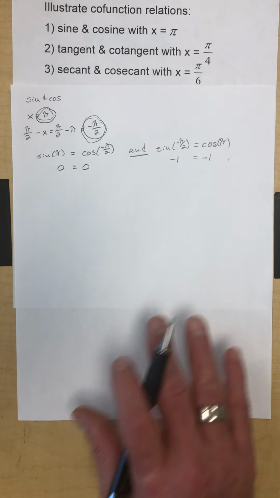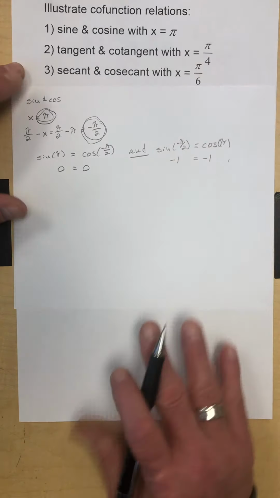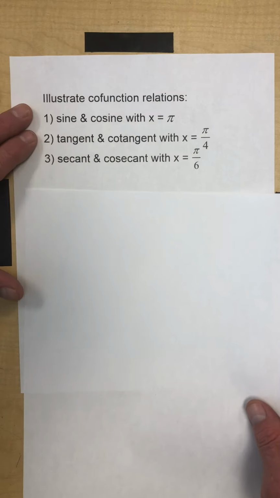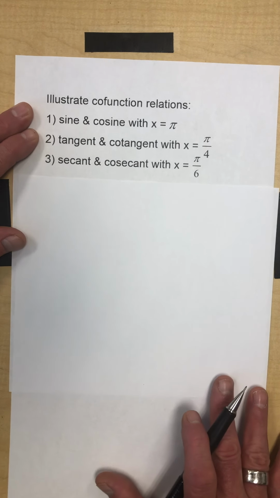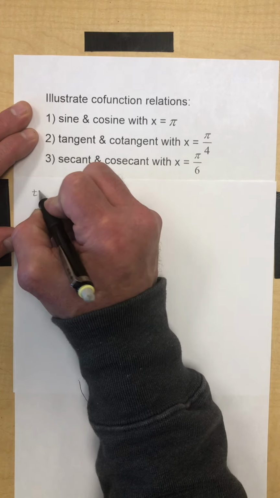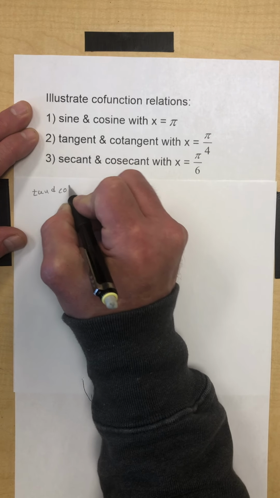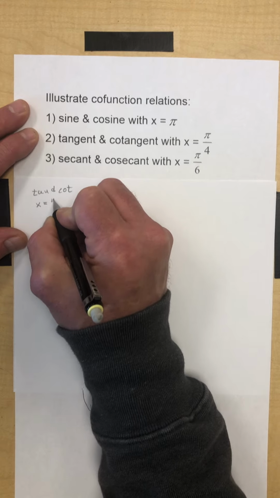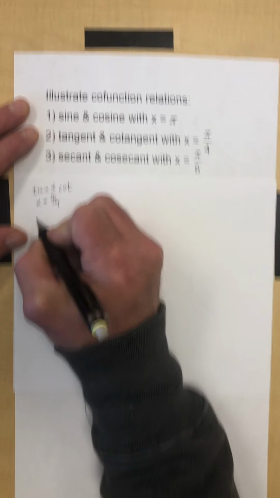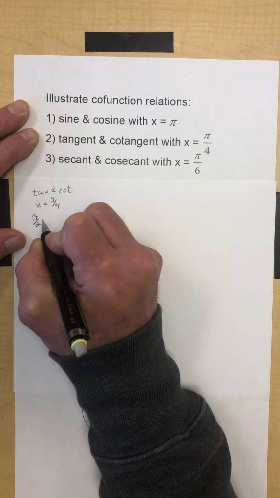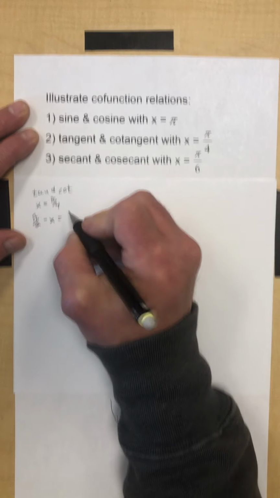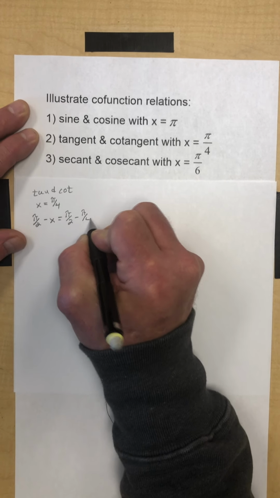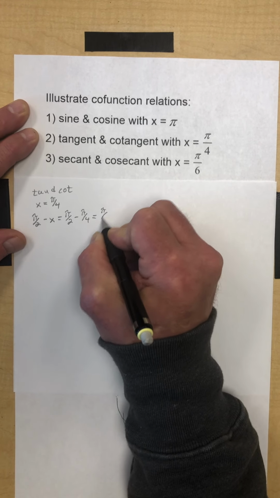So let's see, it wants us to do it with tangent and cotangent. Let's bring this back down. Our x is pi over 4, so our pi over 2 minus x gives us pi over 2 minus pi over 4, which gives us pi over 4.